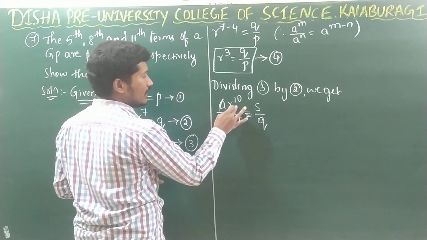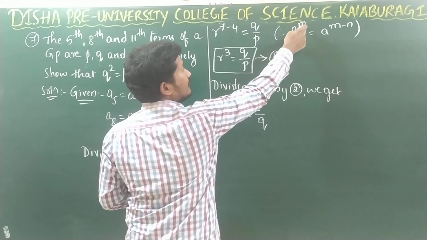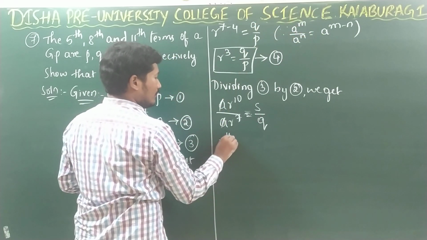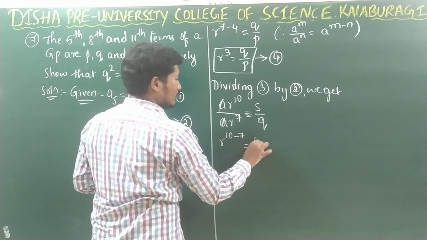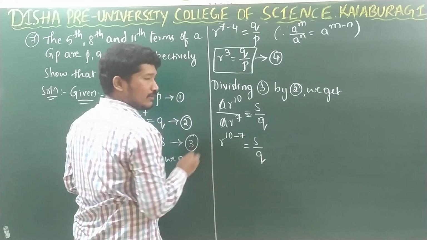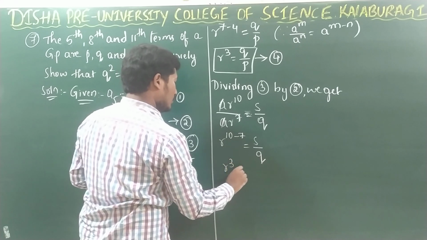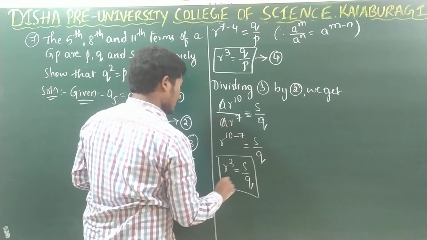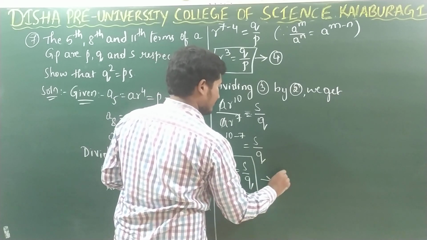Again this is of the form A power m by A power n, which is A power m minus n. So r power 10 minus 7 is equal to S by Q. What is 10 minus 7? 3. So r cube is equal to S by Q. Let me take this as equation 5.